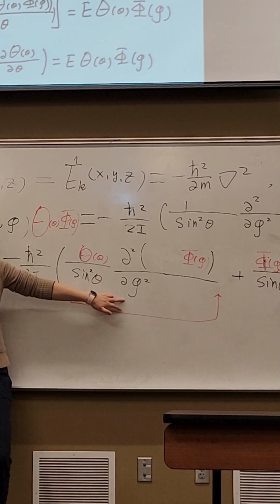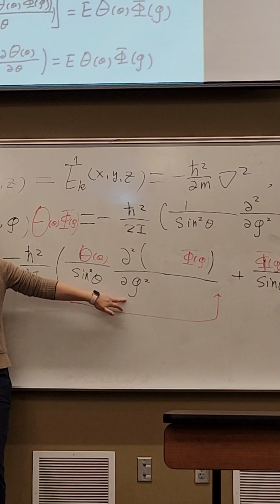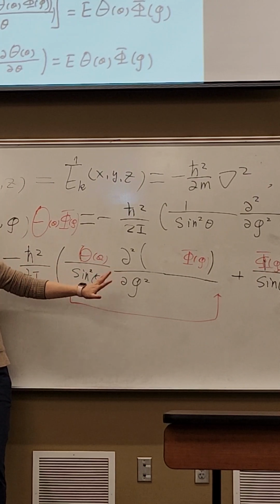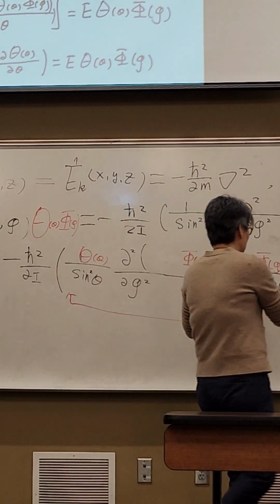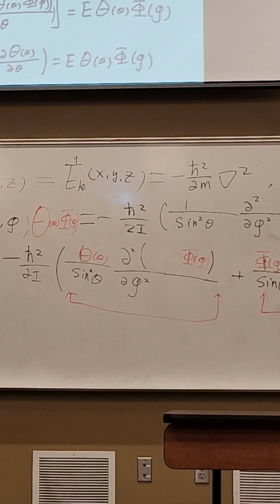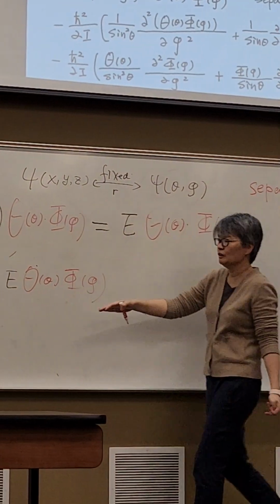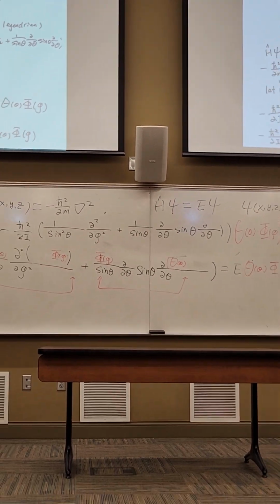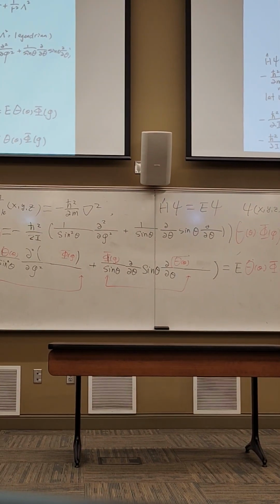This is with respect to the variable of phi. We want this part of the expression to only have the variable of phi, okay? And then from this part, you have the derivative with respect to theta. To make the separation of variables trick work, you want to do something, if you can, so it only depends on the theta part. Now what should we do?